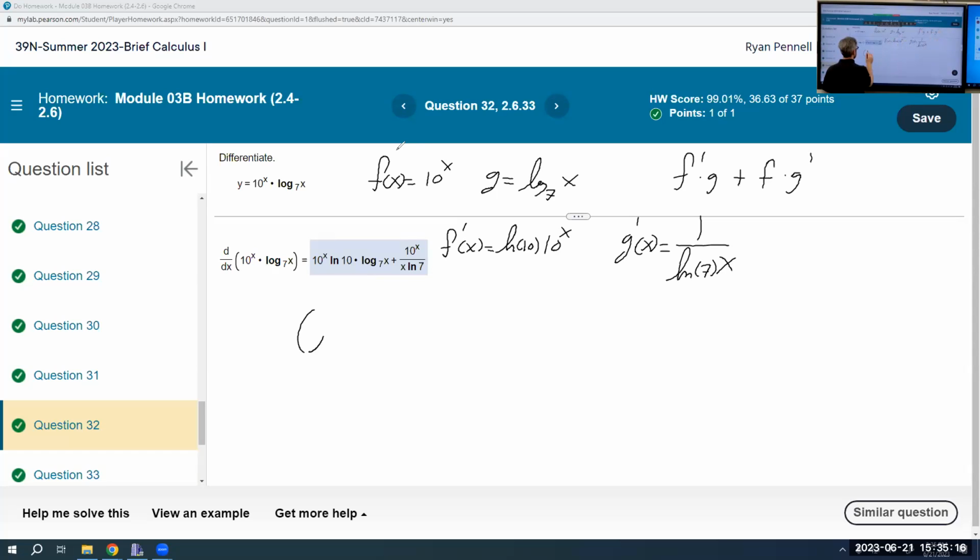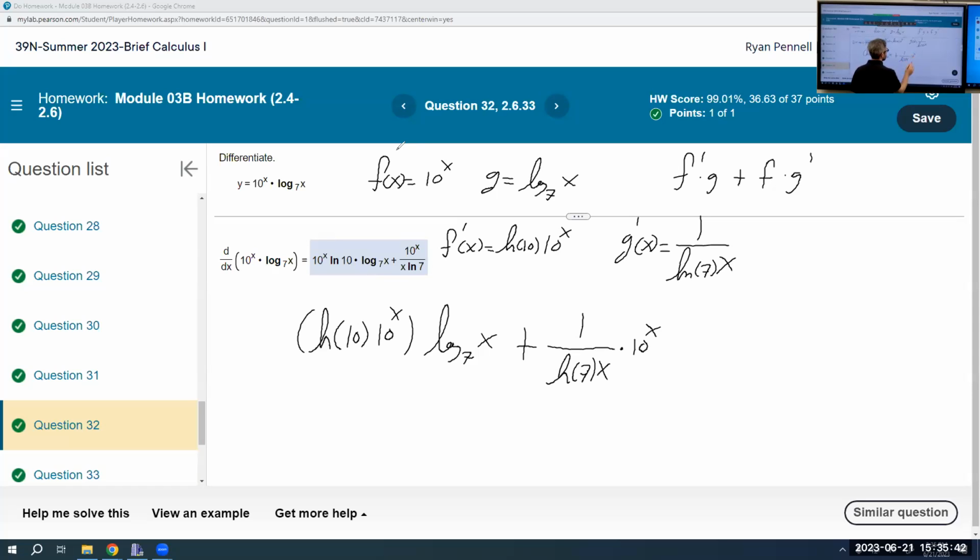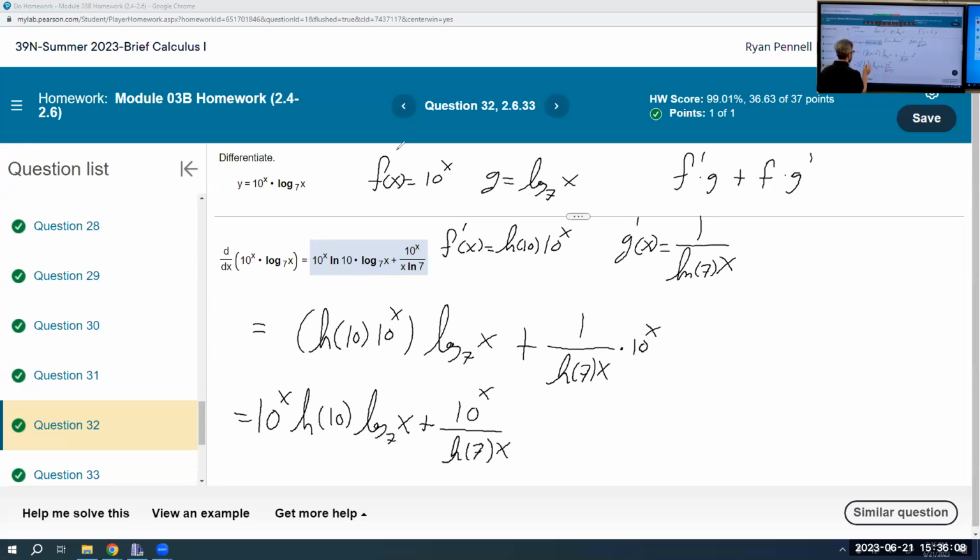So natural log 10 times 10 to the x times log base 7 of x, plus 1 over natural log 7 times x, times 10 to the x. I can clean it up a little bit.